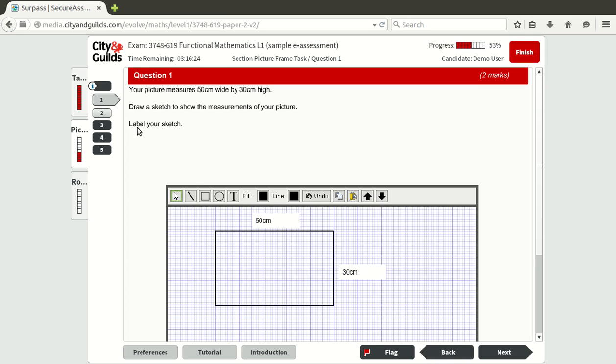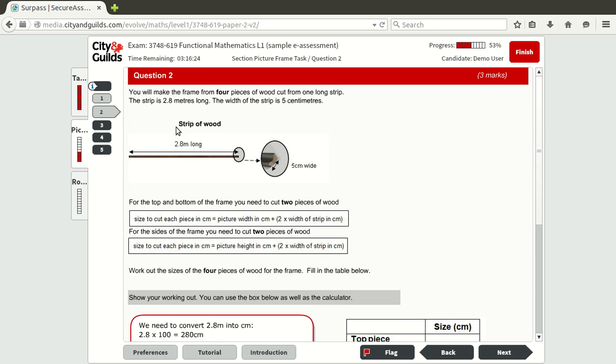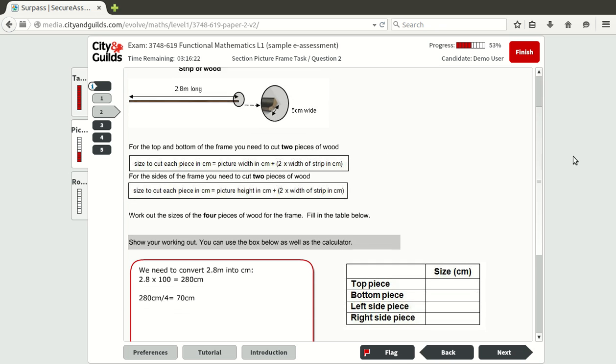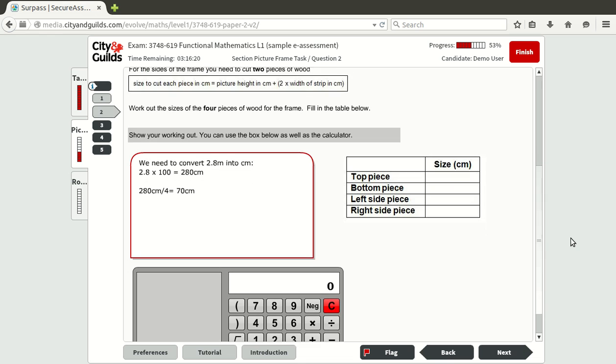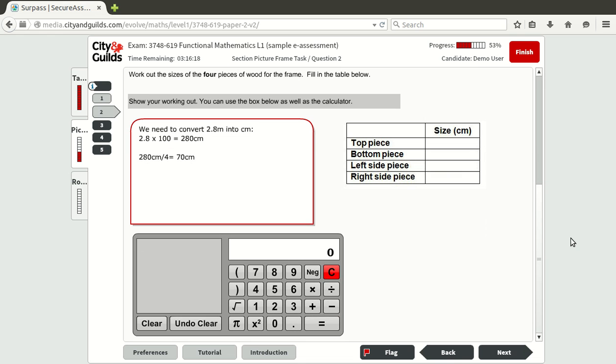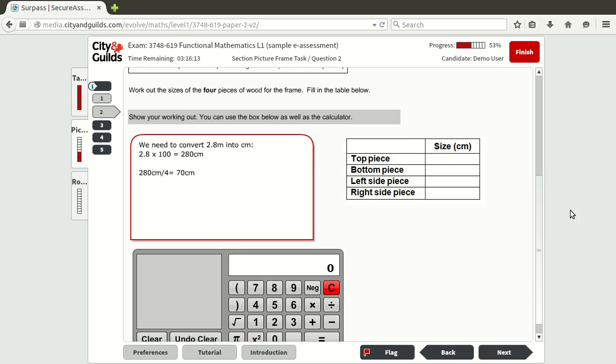So now we know that we can take away the amount we need. Right, so let's get started now.